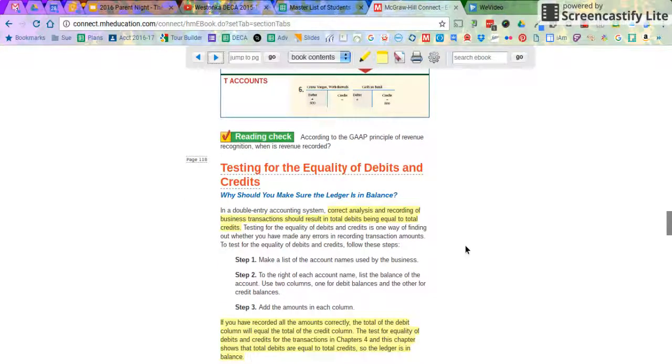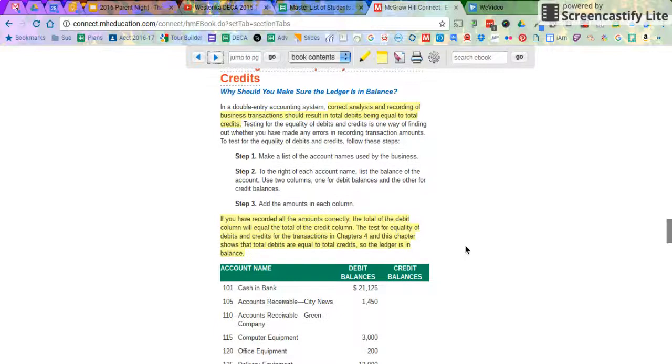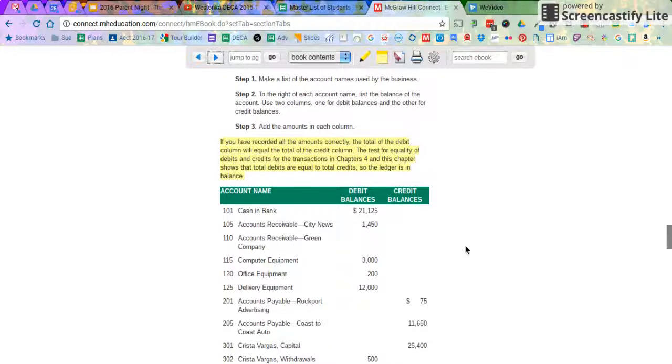So after all that happens, like we've been doing in our Excel spreadsheet, we've been proving that the debits are equal to the credits. And eventually this becomes a financial report. But in the meantime, we're going to do something like the report listed here. And eventually we're going to call it a trial balance.